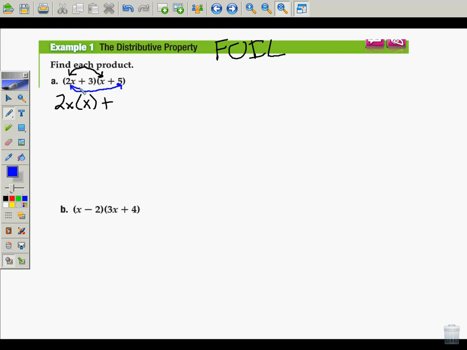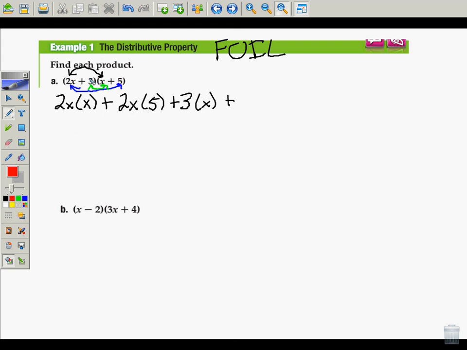plus inside times inside. That's positive 3 times x plus last times last. Positive 3 times positive 5 gives me positive 15.